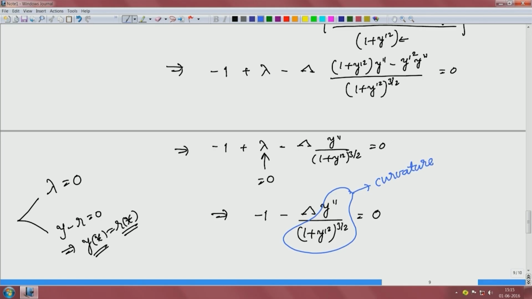Y double prime divided by 1 plus y prime square raised to 3 by 2 is curvature. What this is saying is that whenever you do not follow the river profile, you should choose a curve which has constant curvature. Because there is lambda and there is minus 1, everything else is constant here, so this curvature is not a function of x. Curvature is constant. When curvature is constant, what should that curve be? That curve should be a circle, right.